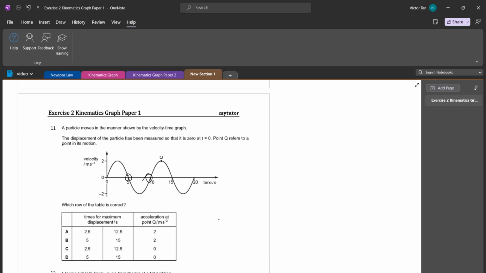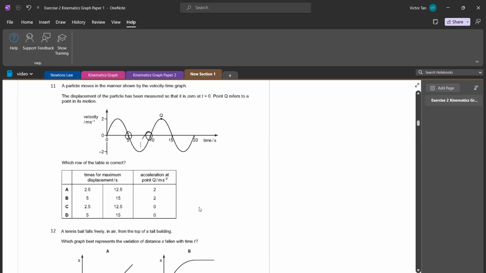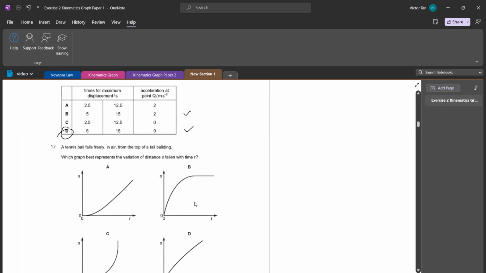That is when the velocity becomes 0. You get a maximum displacement. So the answer is either B or D. Acceleration at point Q, gradient is 0. Answer is D. The gradient of a velocity-time graph is its acceleration.